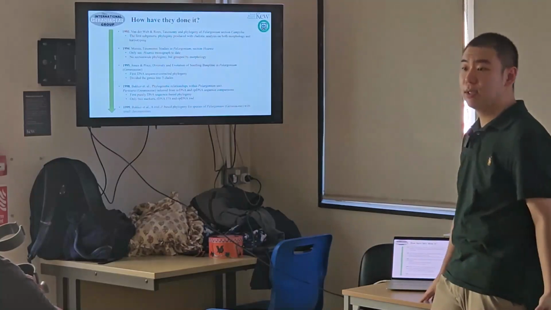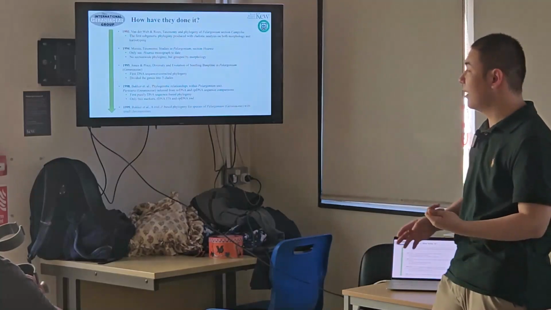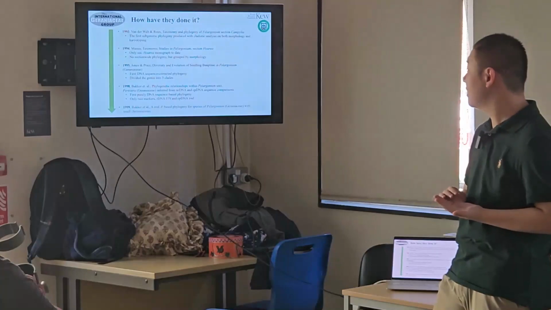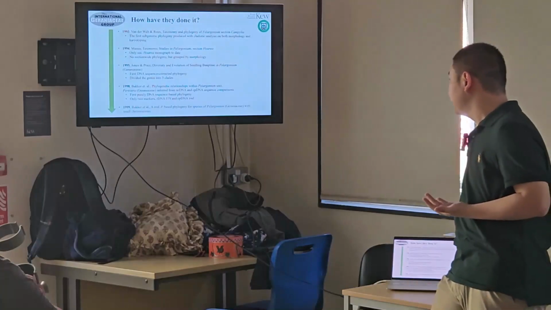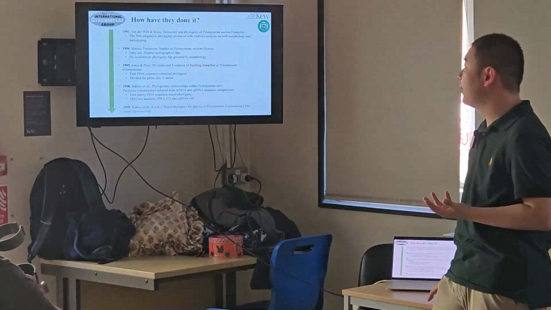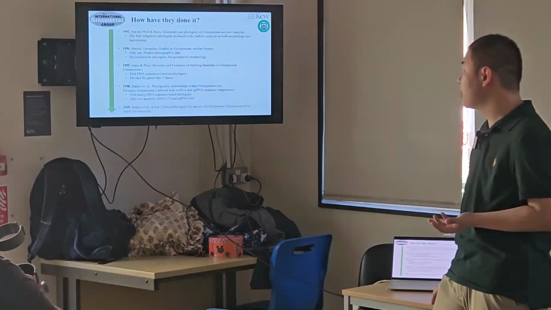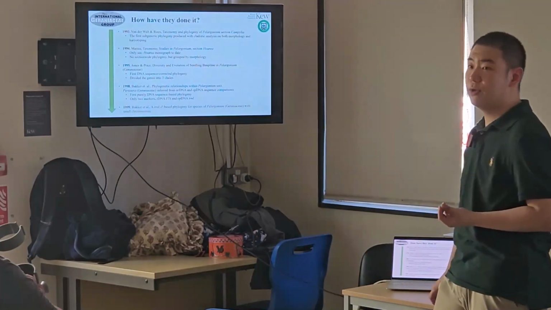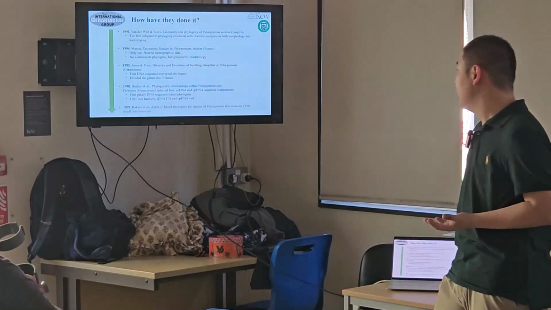In 1998, people started to sequence plastid genes and build a purely DNA sequence-based phylogeny. However, they were using very, very few markers.